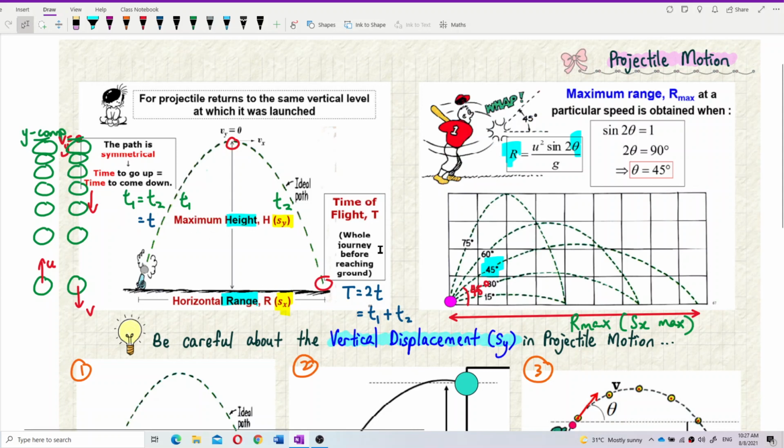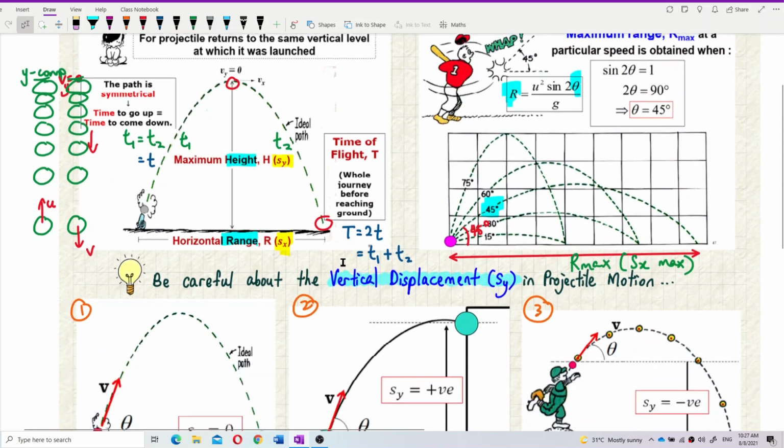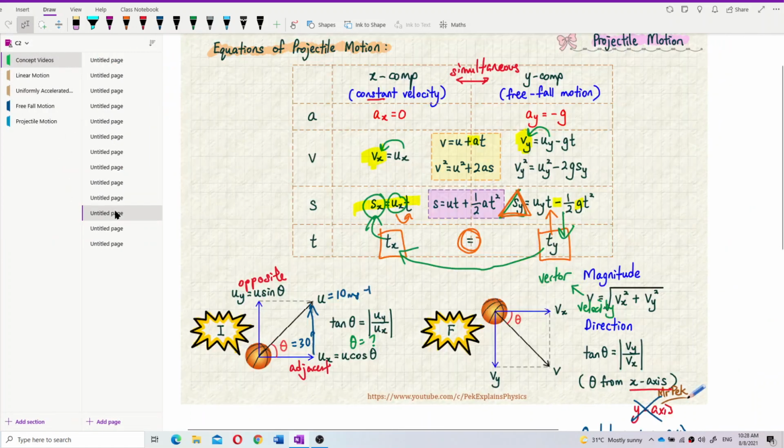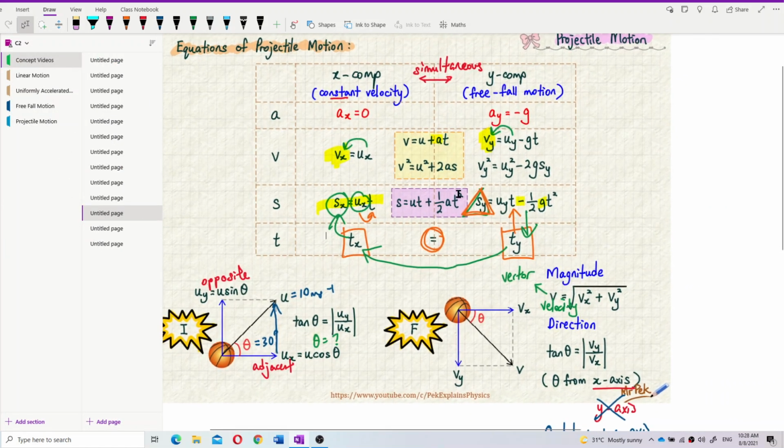We can directly find the time of flight by substituting the y component displacement Sy equal to 0. We can immediately find the time using the formula Sy equal to ut plus or minus half gt square.